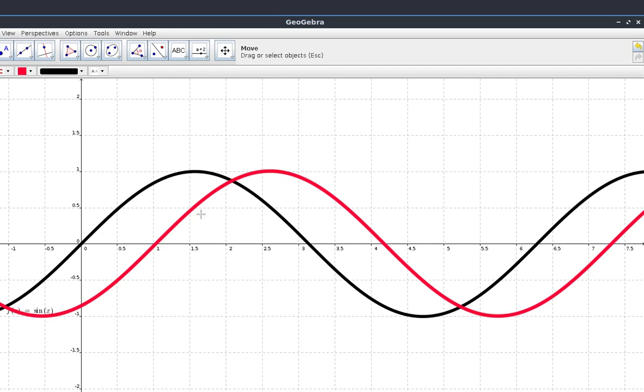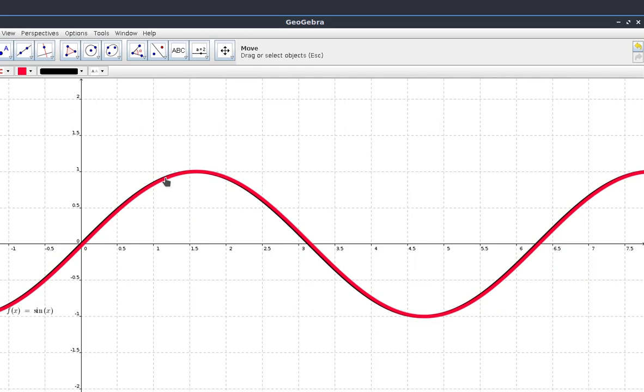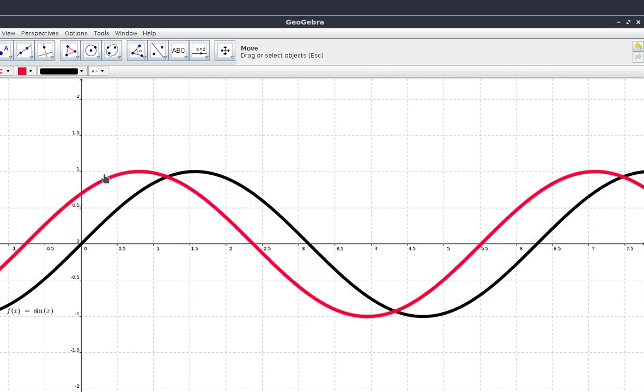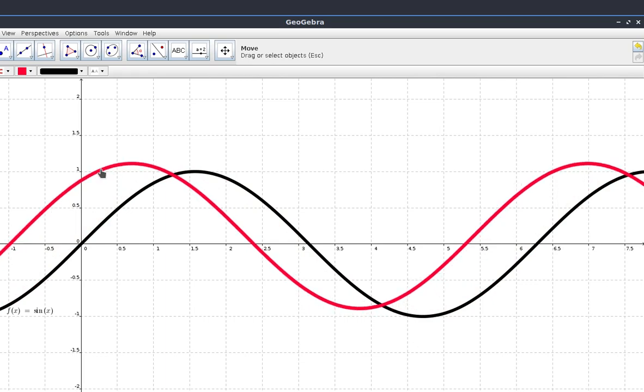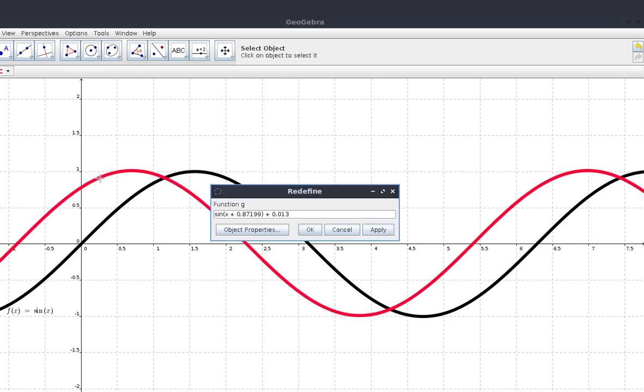Alright, it seems to occur with it. So here, saying you have y equals sine x, y equals sine x plus 1 means the black graph moves right. So this red graph moves left. Alright?